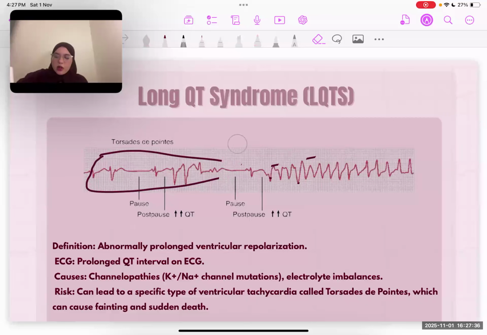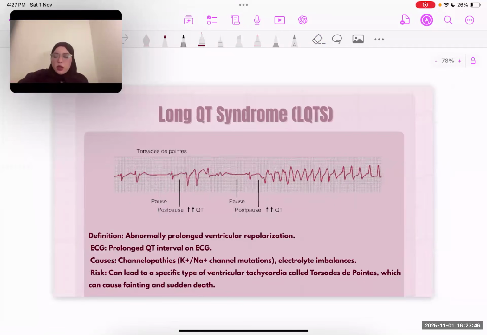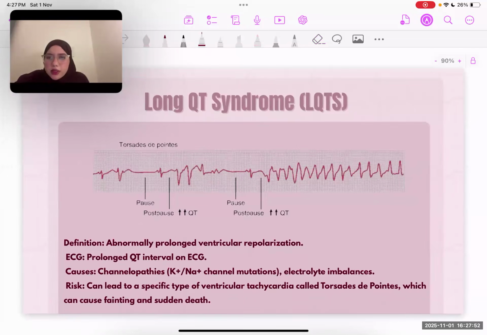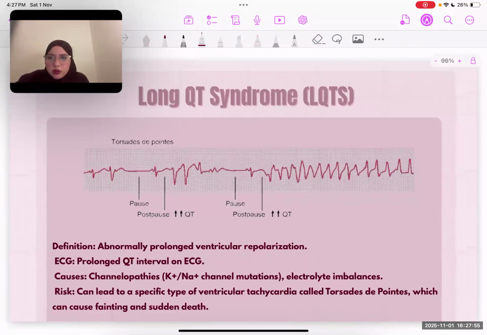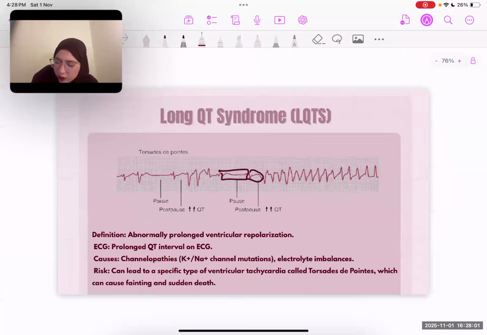So that's all you need to know about this: when you see it, it's going to have a prolonged QT interval, all the way from the beginning of the QRS to the T wave. It's an abnormally long pause. This is the pause, right? This one times 2. And then this is the post-pause, and then it got normal. It's tachycardia, which I think is the ventricular tachycardia you can get.